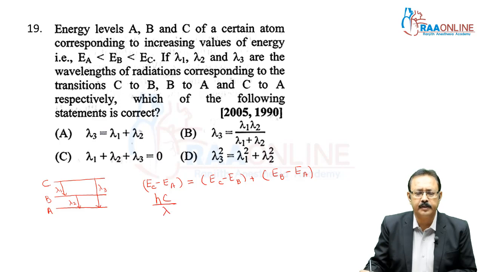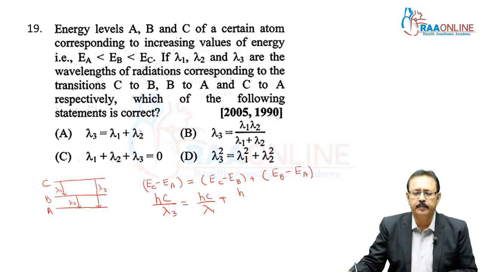When coming from C to B, lambda 1, means hc by lambda 1. Coming from B to A, lambda 2, hc by lambda 2. So what we are getting? 1 upon lambda 3 is equals to 1 upon lambda 1 plus 1 upon lambda 2.